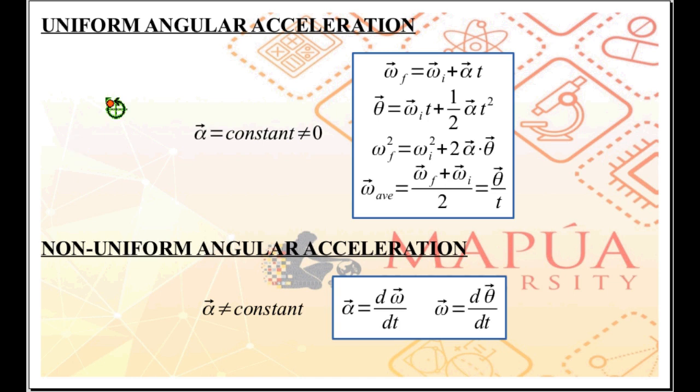For instance, for uniform acceleration, you have V final is equal to V initial plus at. For uniform angular acceleration, you have omega final is equal to omega initial plus alpha t. And the same goes for the other equations.